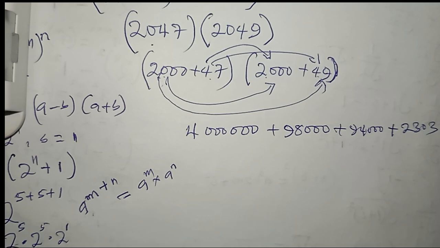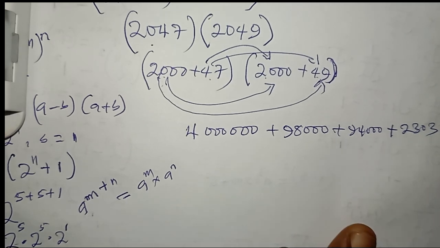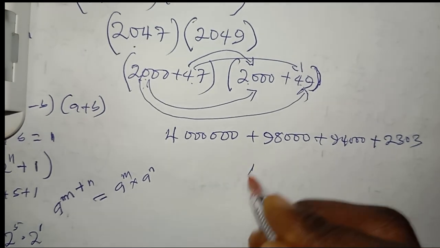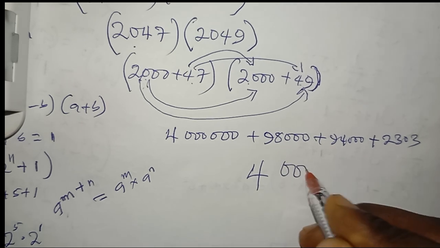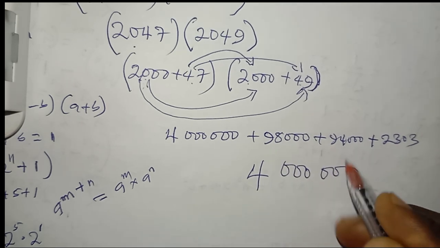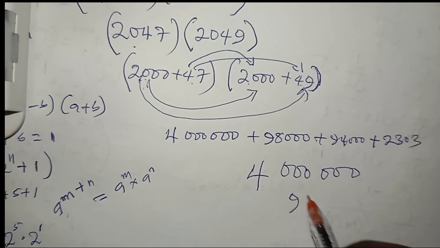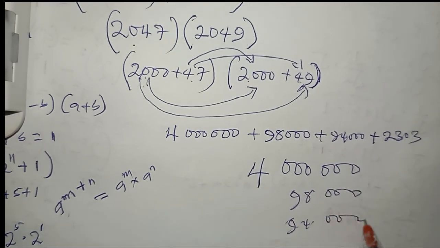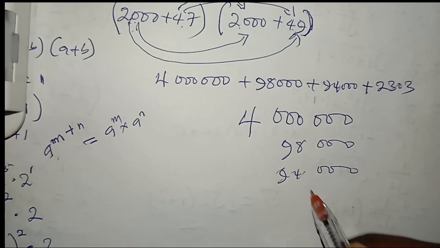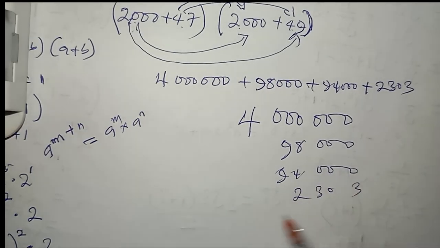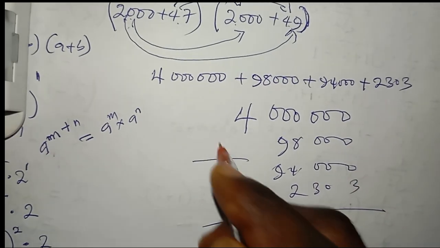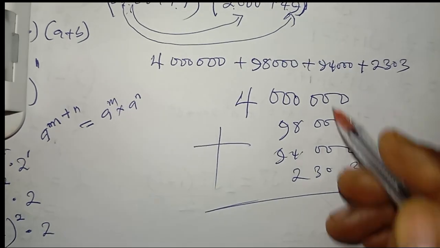The next thing is to sum all of them up. Because we are not using a calculator, you can sum it this way: 4 million plus 98,000 plus 94,000 plus 2303.